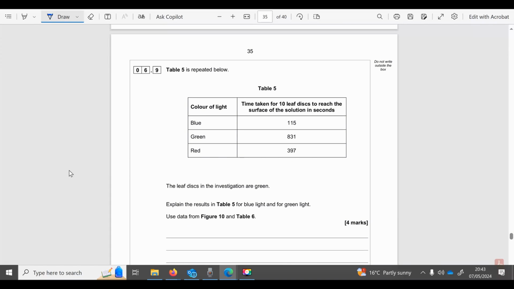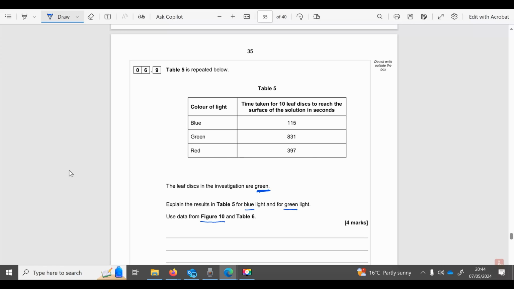(6.9) Table 5 is repeated below. So it's the same table, however we didn't analyze the result, so we can do that now. The leaf discs in this investigation are green. Explain the results in table 5 for blue light and for green light.